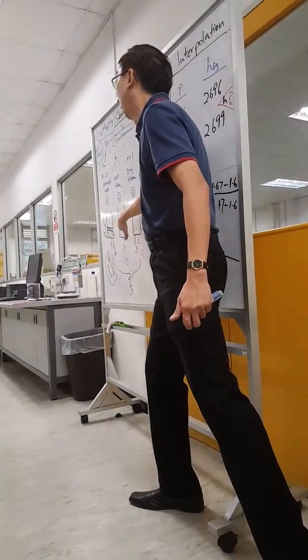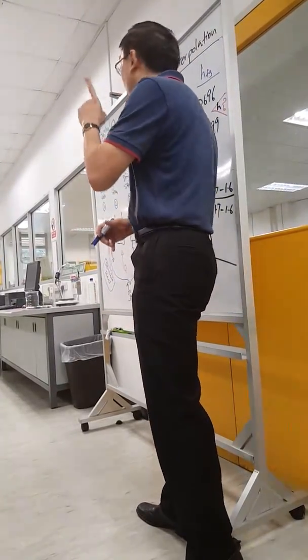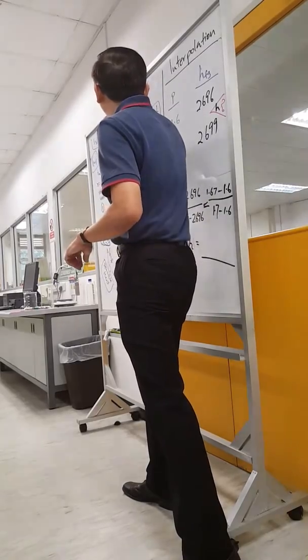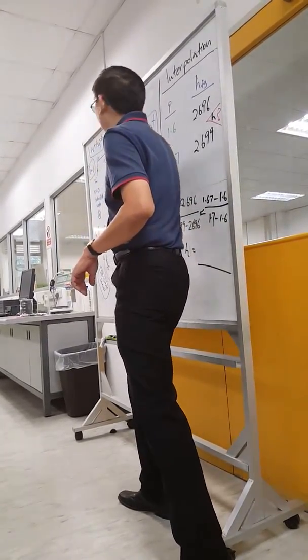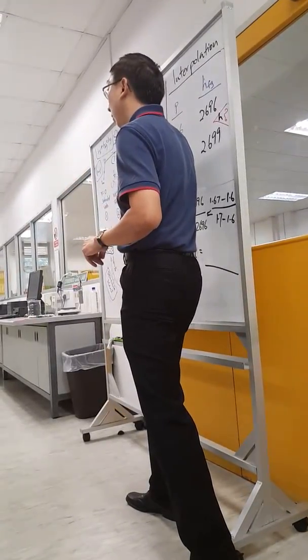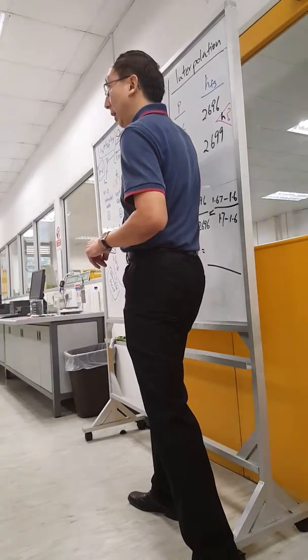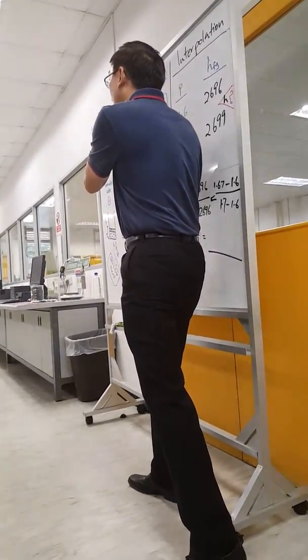So one thing you have to know is that superheat will only occur when, for a given pressure, the temperature is above saturation. Let's say just now you measured the temperature.